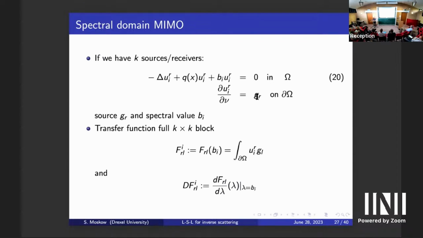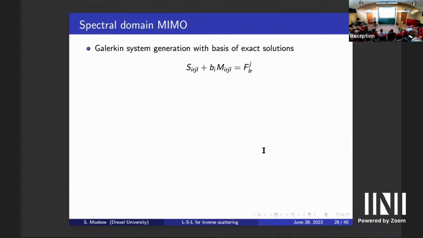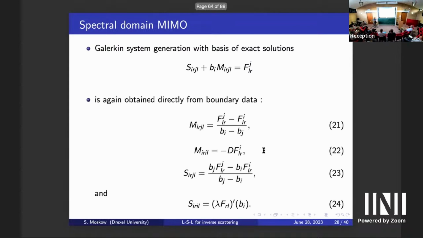We model source R at receiver L by integration against GL. Think of it as localized at receiver L. And assume we have the spectral data, again, the derivative and the spectral parameter. And we get a Galerkin projection on the basis of exact solutions, and the same formulas still hold in the matrix case.